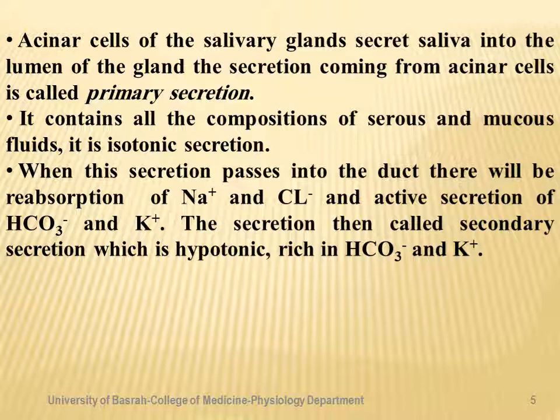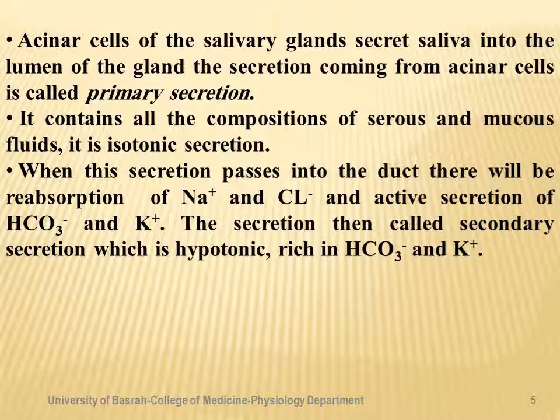At the beginning, when the secretion comes out from the acinar cells of the salivary glands into the lumen, we call it the primary secretion. This primary secretion contains all the composition of serous and mucous fluid, and it is isotonic in nature.